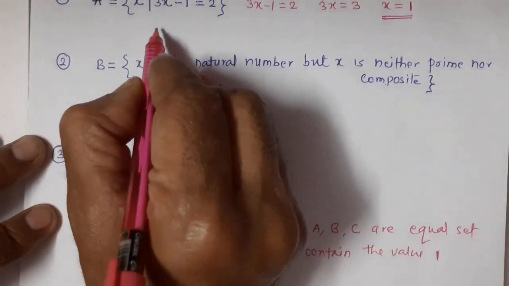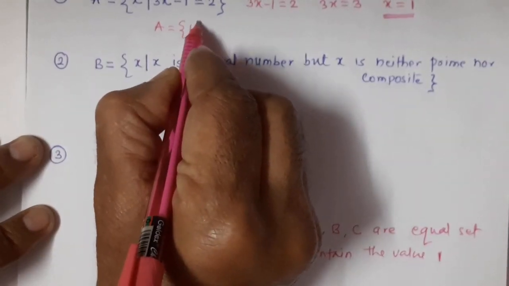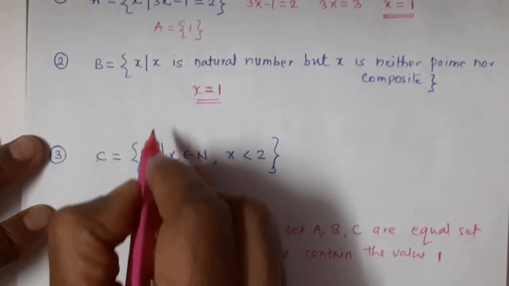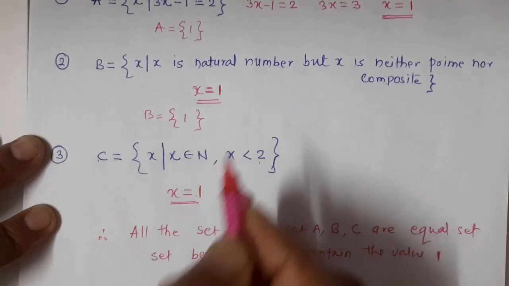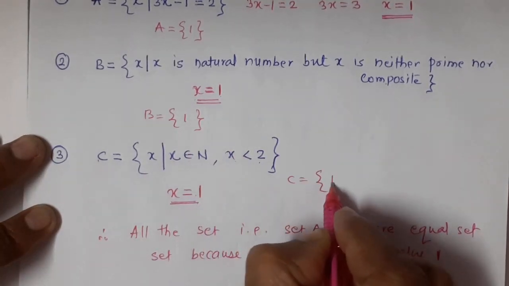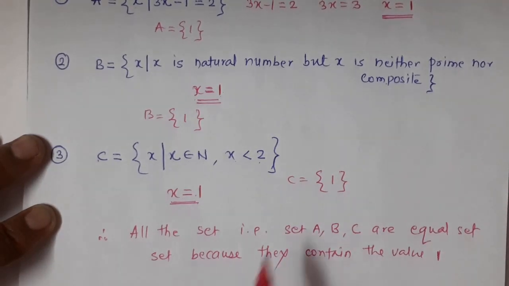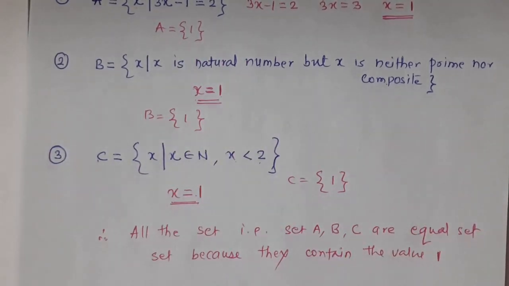That means in this case I can write that A is equal to 1, B is equal to 1, and C is equal to 1. It comprises the same value 1, that's why they are called equal sets.